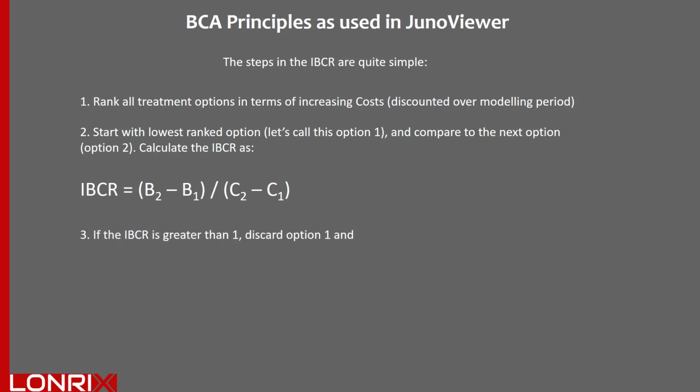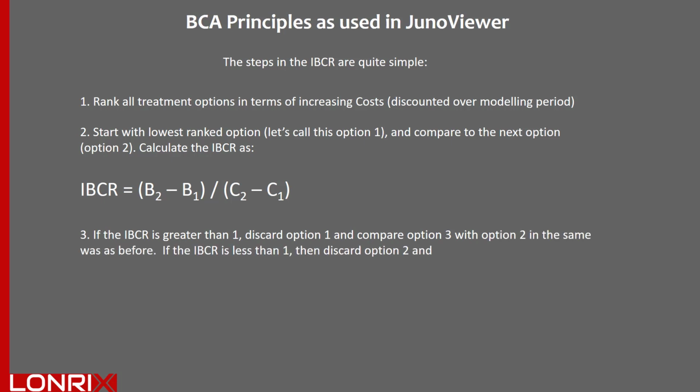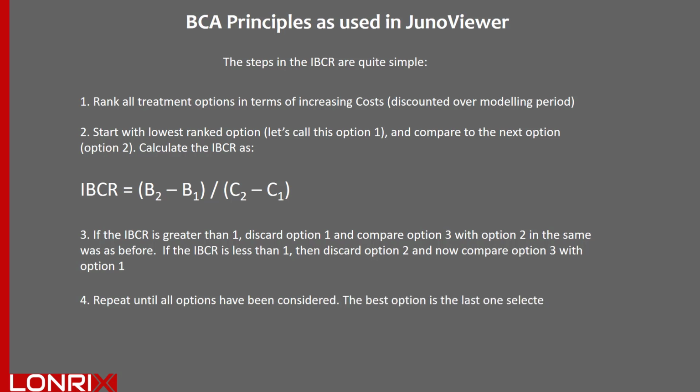If the calculated IBCR is greater than 1, then we discard option 1 and compare option 3 with option 2 in the same manner as before. If the IBCR is less than 1, then we discard option 2 and we now compare the next option, option 3, again with option 1. And we continue this process until all options have been considered and the best option then is the last one selected. Let's do a worked example in Excel.